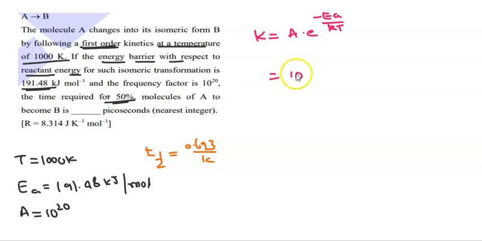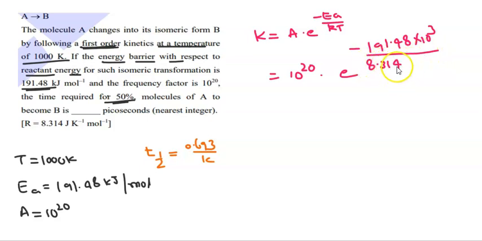The value of A is 10 to the power of 20 into e power minus 191.48 into 10 to the power of 3 joules, by the value of R, 8.314 joule Kelvin inverse mole inverse, and the temperature is given as 1000. This 1000 gets cancelled.